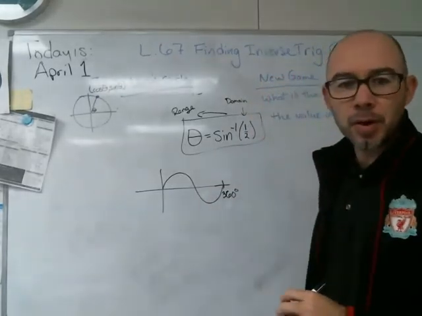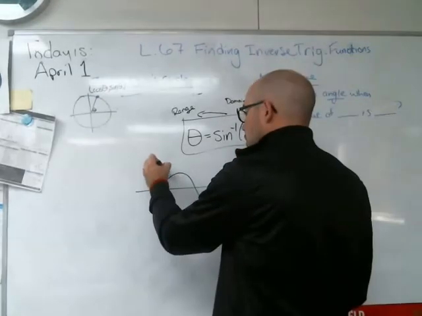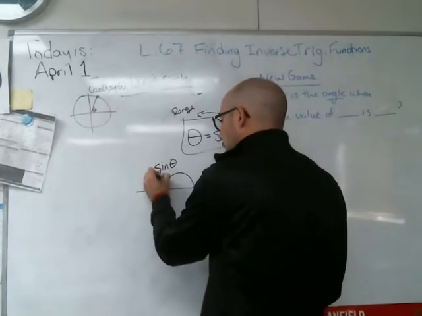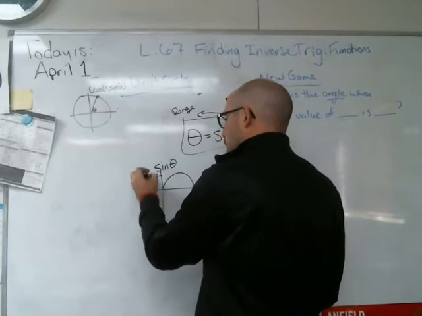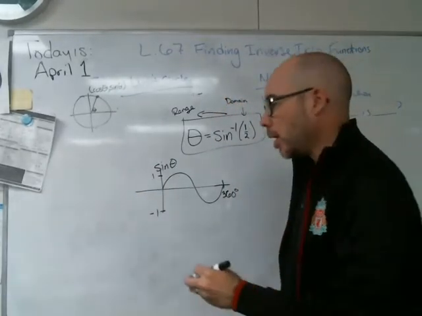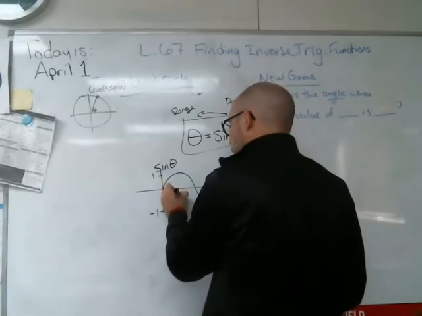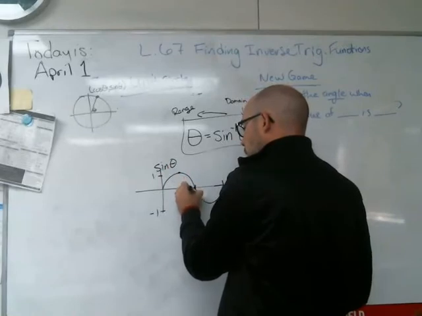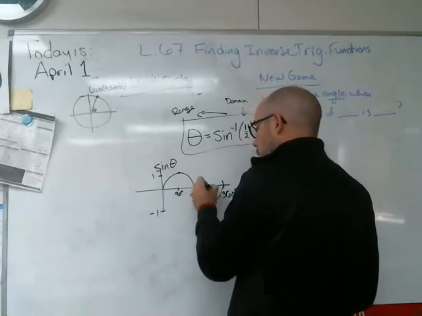This is how the values for the sine function work in the real world. It vacillates, fluctuates, oscillates between the values of 1 and -1 as you go around the circle. For instance, at 90 degrees, its value is 1. At 180 degrees, its value is 0.